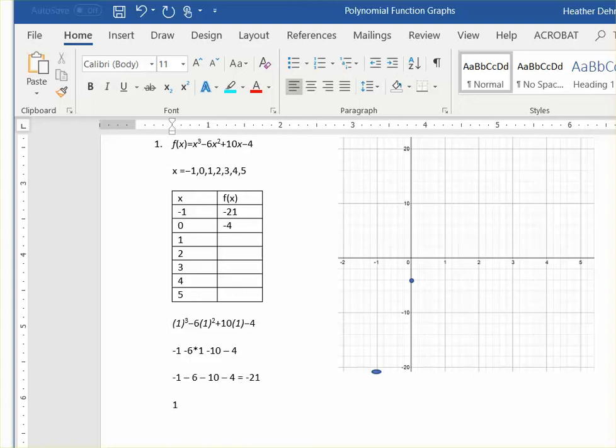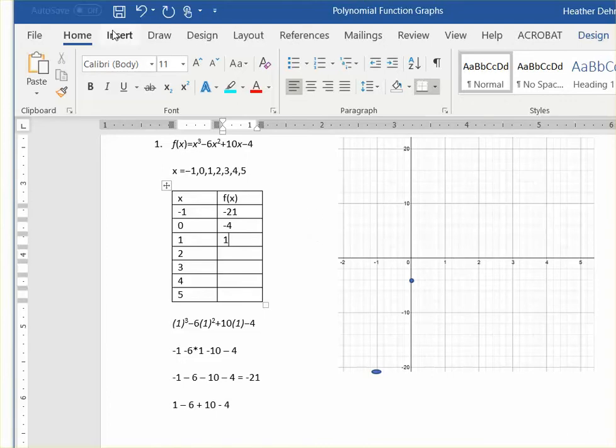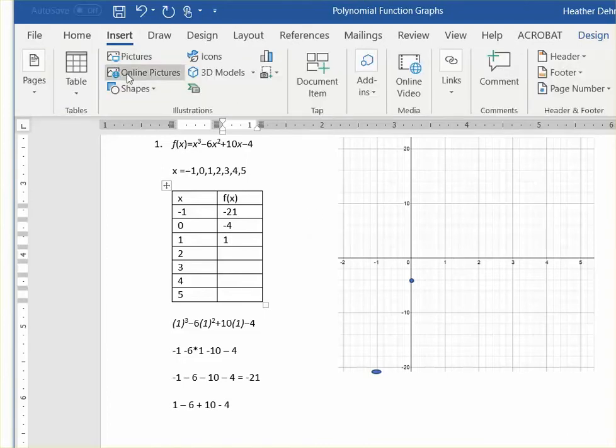So 1 minus 6 plus 10 minus 4. 1 minus 6 is -5. -5 plus 10 would be 5. 5 minus 4 is 1. So my next point to insert would be at 1, 1. Here's 1, and up 1 is just a little bit above that.